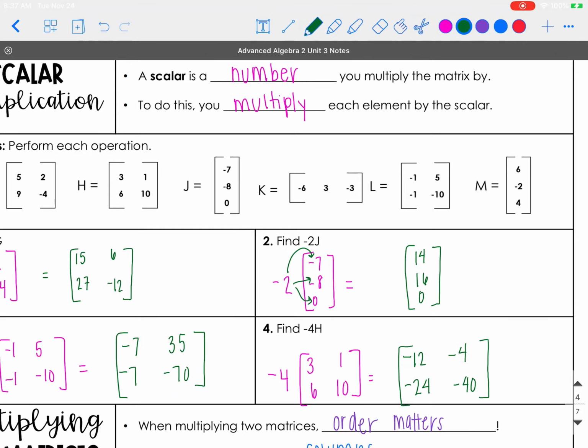Got to change those dimensions. 3 by 1, 3 rows, 1 column. And then we're going to type in 6, -2, and 4. And my one element is -54.